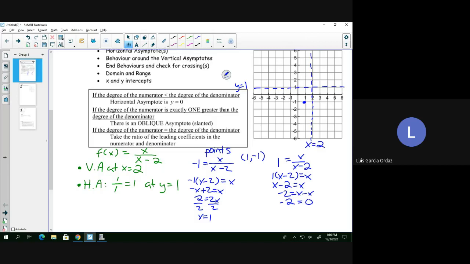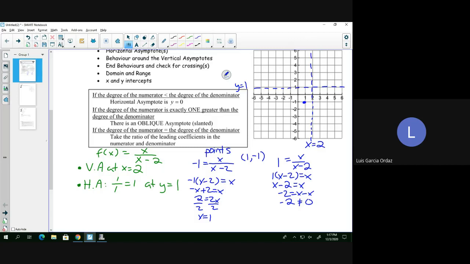No. Okay. The reason why this doesn't work is because x minus 2 is already a vertical asymptote. Okay. So that means that the graph is not going to cross at x is equal to 2.